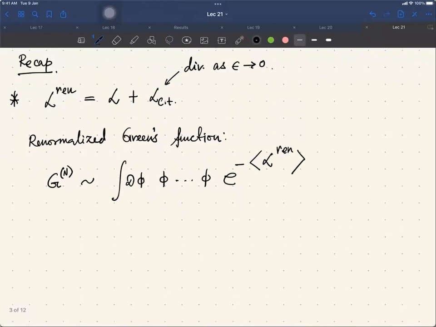The L part of this Lagrangian density will contribute to Feynman diagrams from the original theory, which have loops and divergences, and then the counter term part of the Lagrangian will provide the counter term vertices, and that will cancel those divergences. So this quantity is finite as epsilon goes to 0.